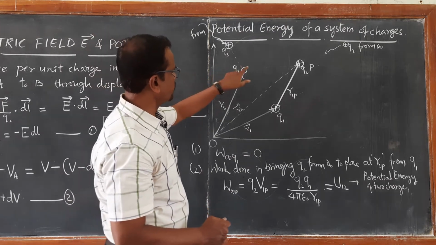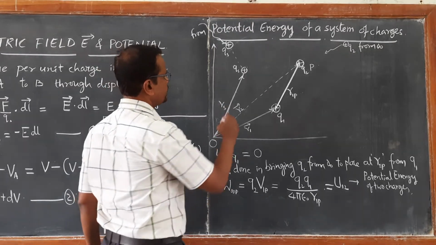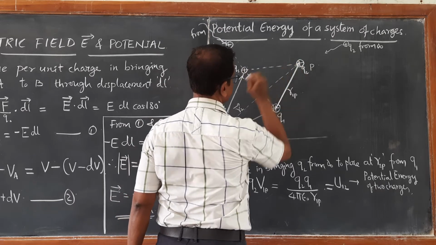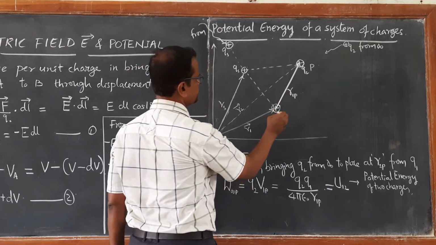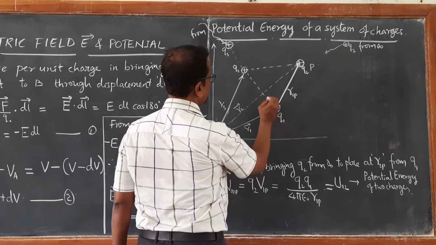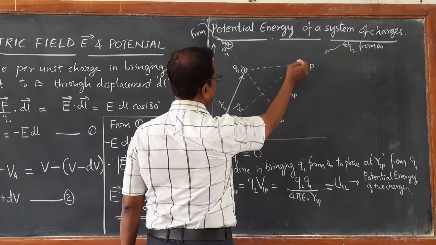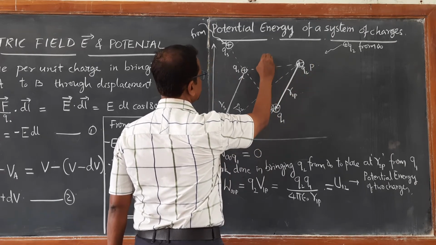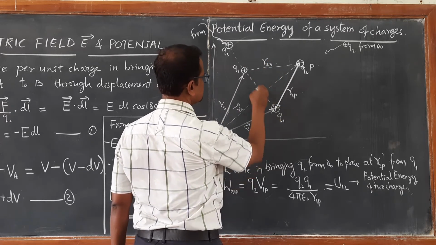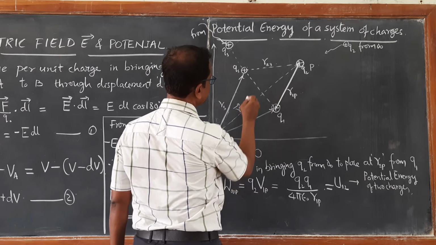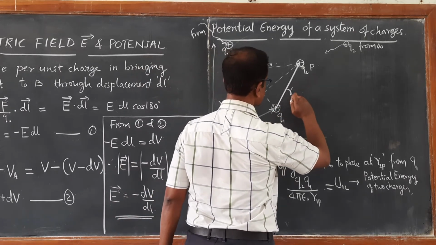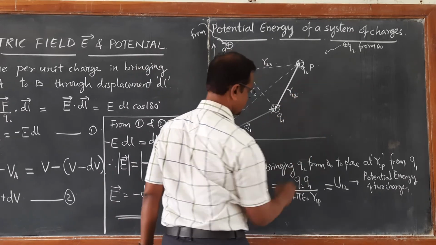Then you have to look into the interaction between Q3 and Q1, and Q3 and Q2. So we should know the distance between Q1 and Q3 and the distance between Q3 and Q2. Let us take these distances as R23 and R13. Instead of R1P, let us take that one as R12, which is easy to understand.